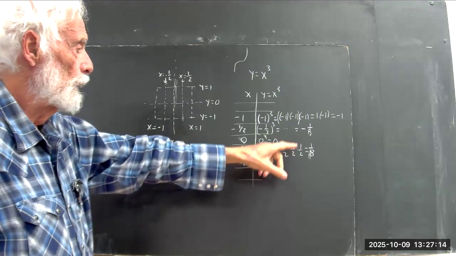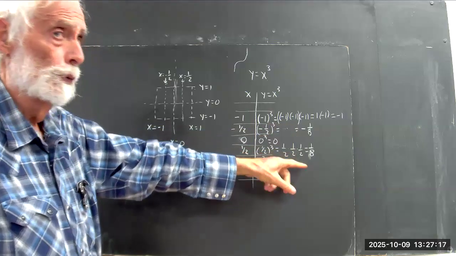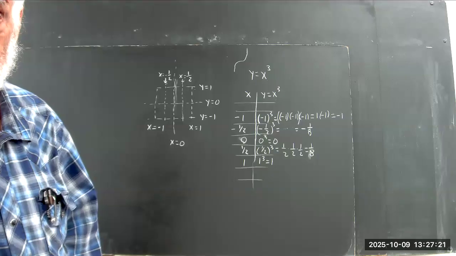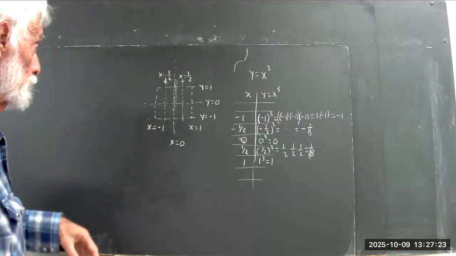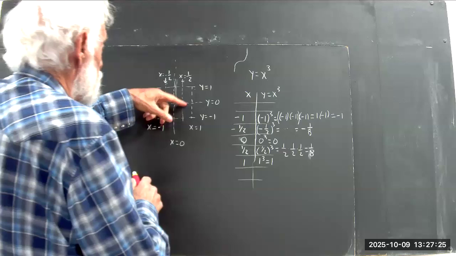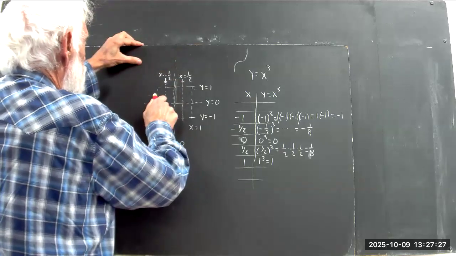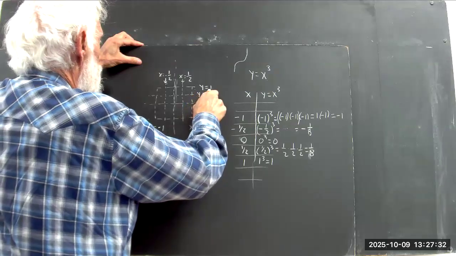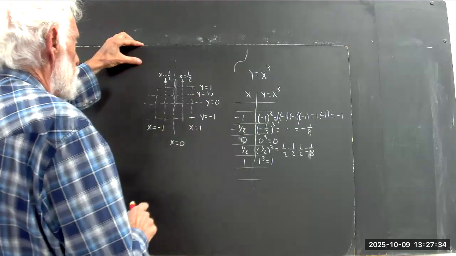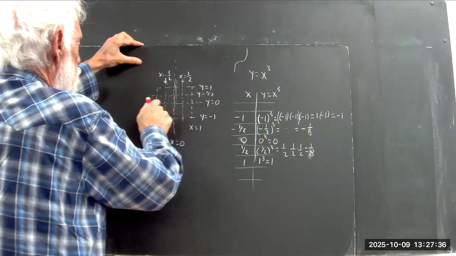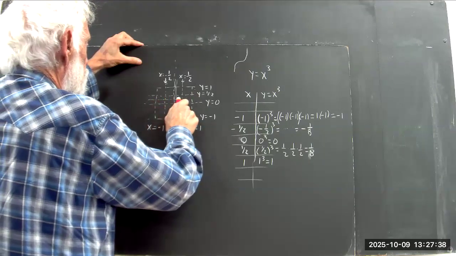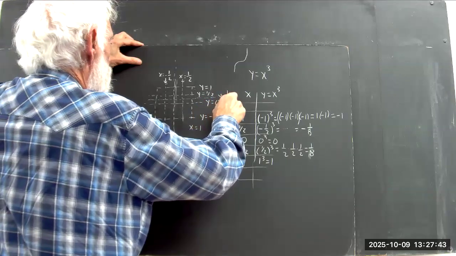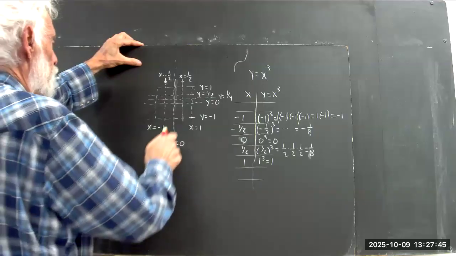You got to get y equals -1/8 and y equals 1/8. How are you going to do that? Well, I just showed you. You go from y equals 0 to y equals 1, cut that in half. Then from y equals 0 to y equals 1/2, you cut that in half. That's y equals 1/4.